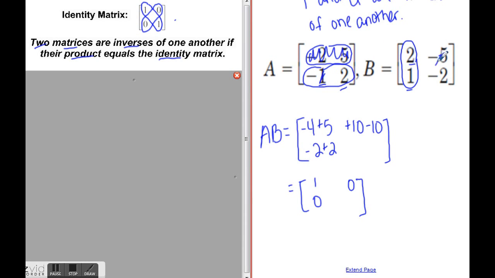And negative 1 times negative 5 is a positive 5, and 2 times negative 2 is a negative 4. Once again, through my matrix multiplication, I have a product which the solution is the identity matrix. So I'm able to say A and B are inverses of one another.